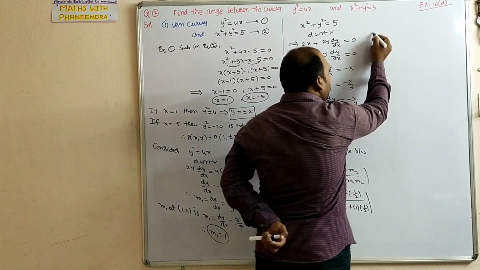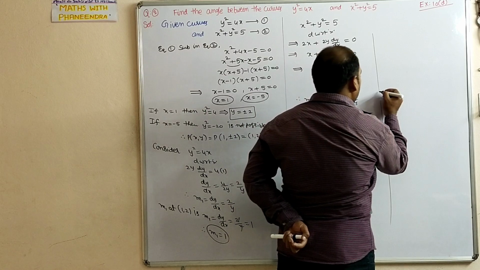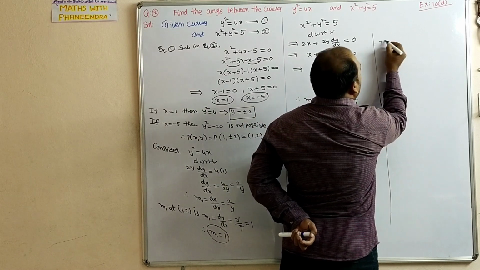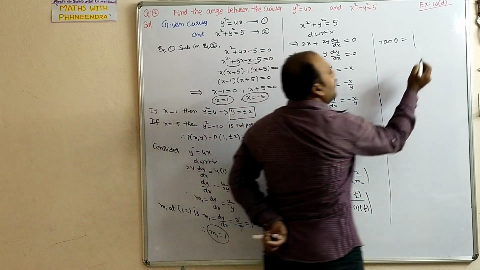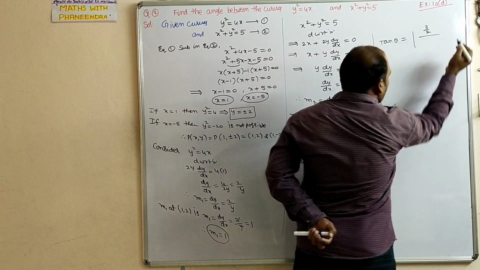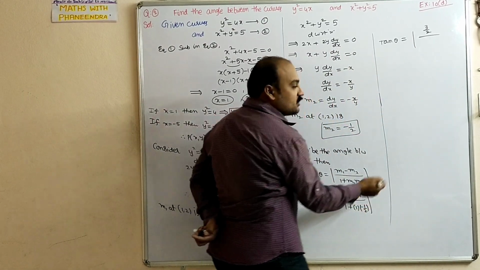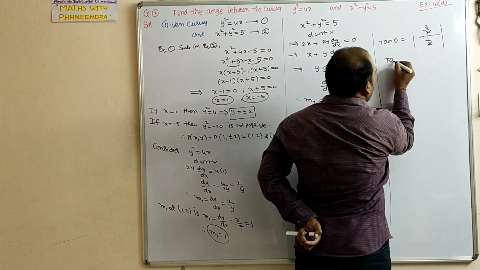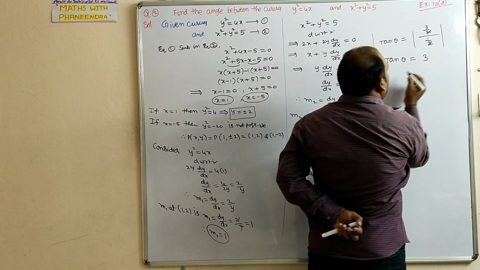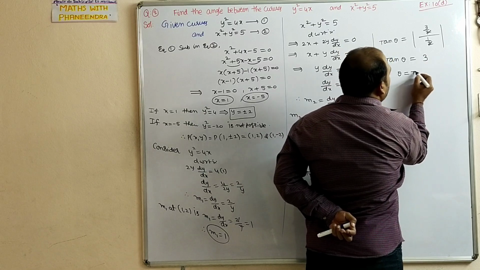So now we will simplify. So tan theta equal to mod of 1 plus 1 by 2, which is 3 by 2, by 1 minus 1 by 2, which is 1 by 2. So 2 gets cancelled, tan theta equal to 3. Therefore, theta equal to tan inverse of 3.